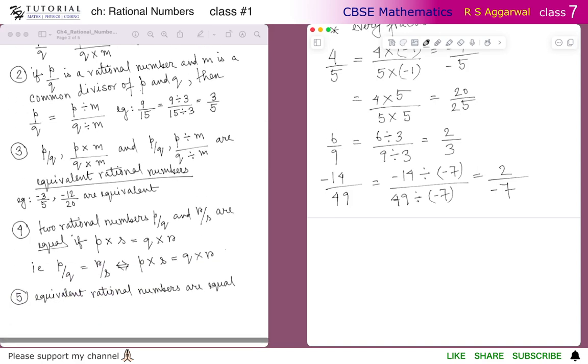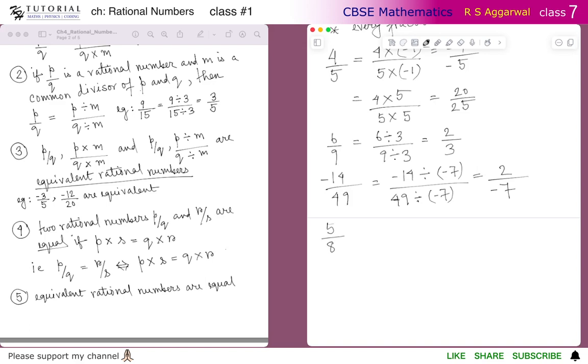Okay. Now, equivalent rational numbers. Two rational numbers are said to be equivalent if one rational number can be written from the other by multiplying or dividing the numerator and the denominator by some non-zero integer. So, let's say you have a rational number 5 by 8.